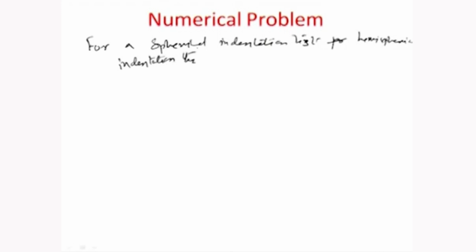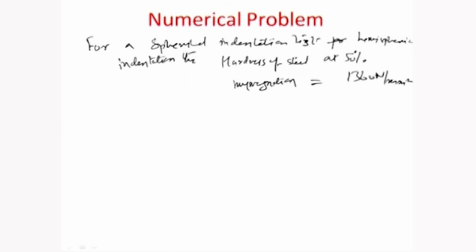The hardness of the steel at 50% impregnation comes out to be 1360 Newton per millimeter square. The problem already defines that such a hardness, if you consider in terms of the tungsten carbide.